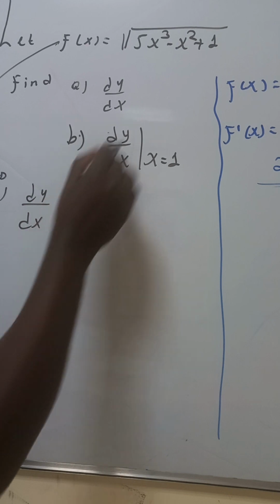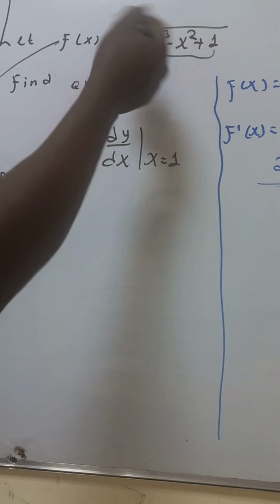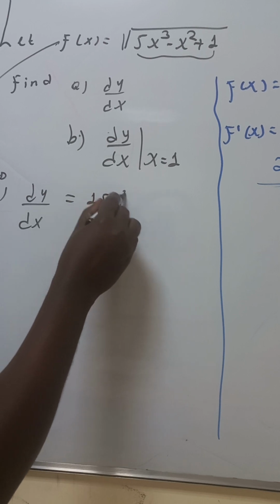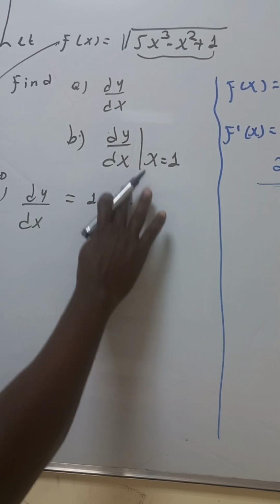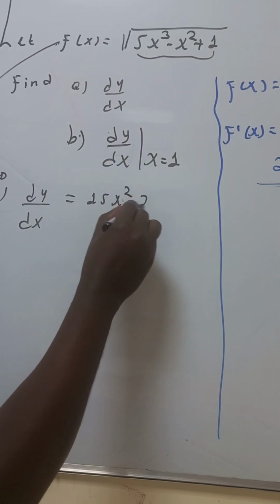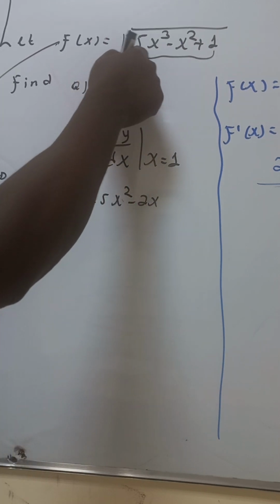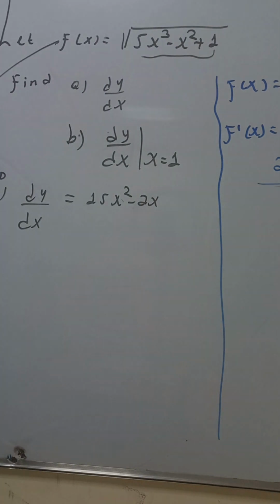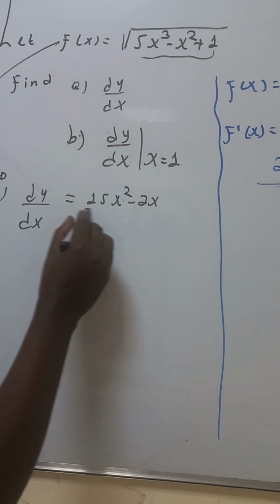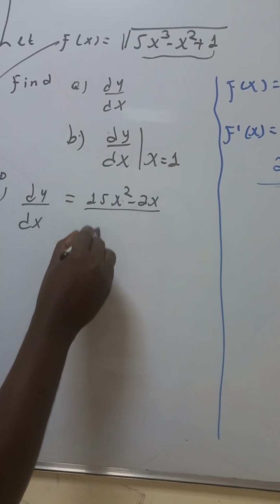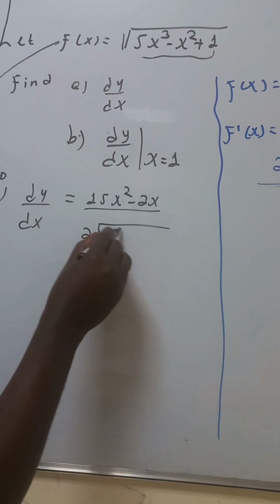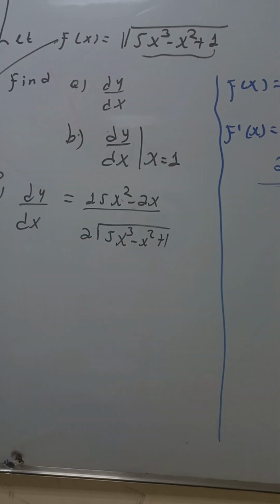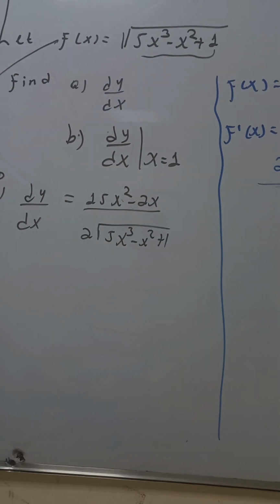The derivative of the radicand is 5x cubed minus x squared plus 1, so the derivative is 15x squared minus 2x, over twice the radical of the function itself, x cubed minus x squared plus 1. This is how to find the derivative of this function.